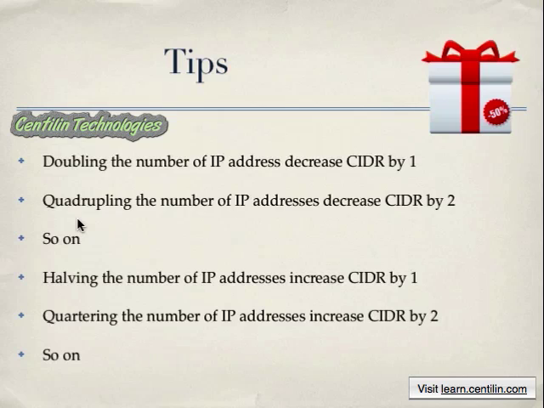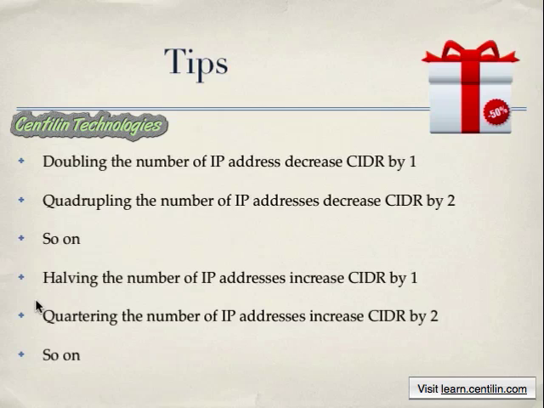So why is it this way? Because we're talking about binaries. Binaries are really powers of 2. So we're always talking about 2 times, 4 times, 8 times, 16 times, 32 times, and so on, because they're all powers of 2. Let's look at some tips when you are doing subnetting.